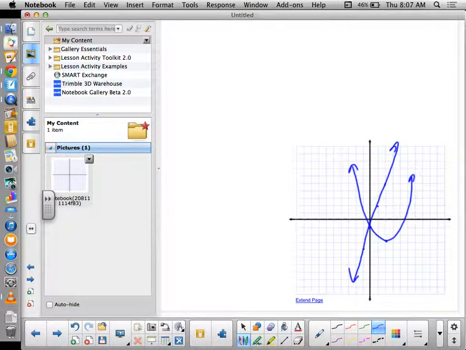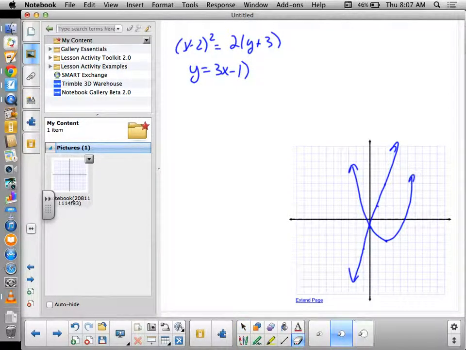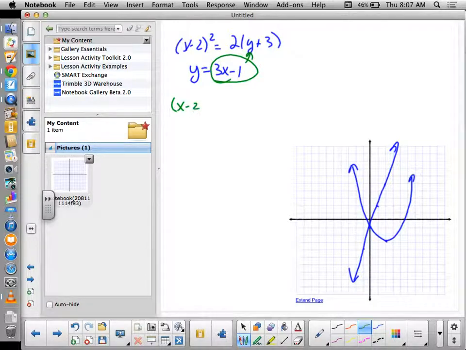So we look at our equations. x minus 2 squared equals 2y plus 3. But y equals 3x minus 1. So it seems pretty obvious that we're going to take this 3x minus 1 and put it in for that y. That's my substitution. So x minus 2 squared equals 2 times 3x minus 1 plus 3.